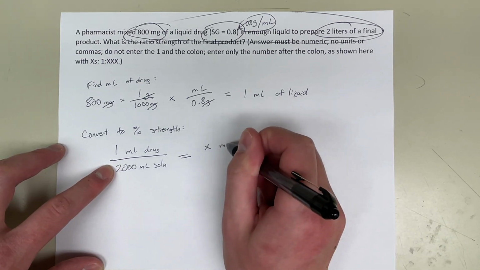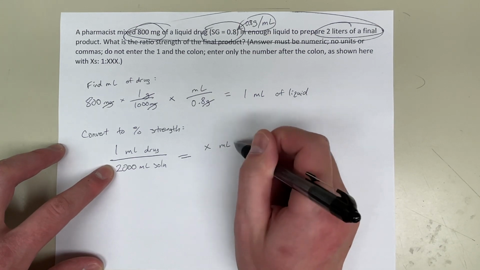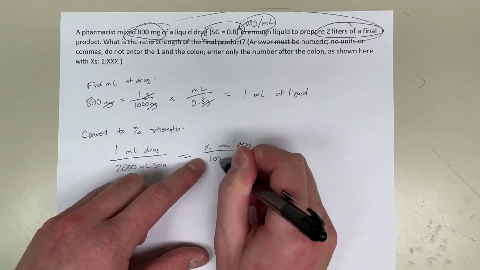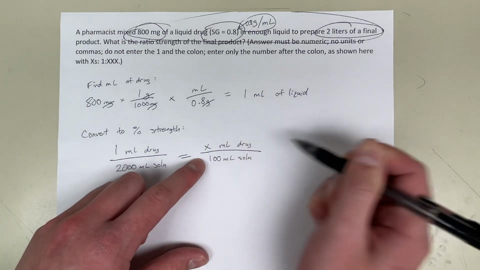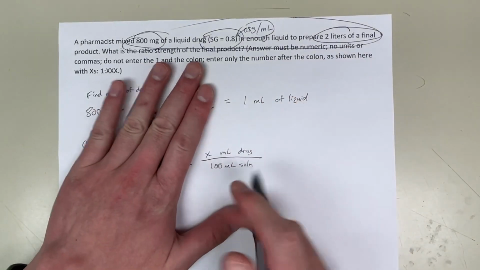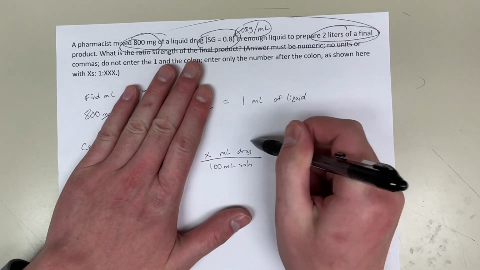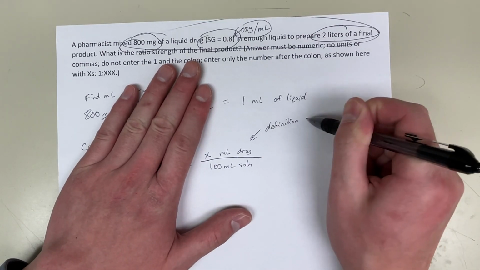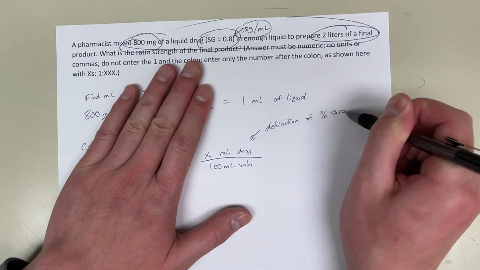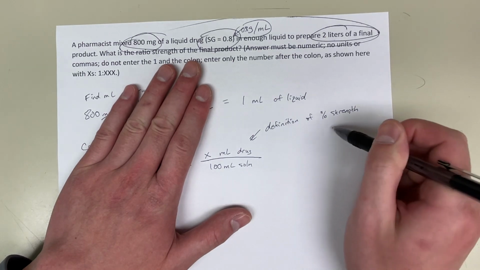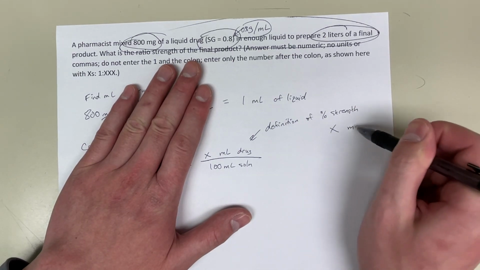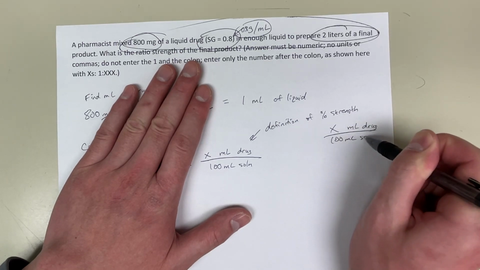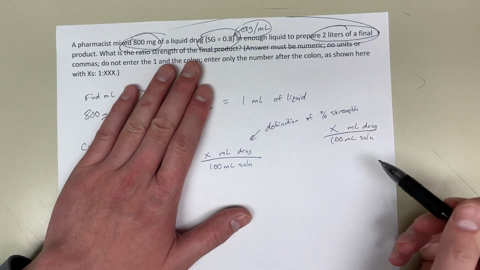So X is a variable I need to calculate, X milliliters of drug over 100 milliliters of the solution. Right? This is the definition of percent strength. It's something milliliters of drug over 100 milliliters of solution. That's what the definition of percent strength is.